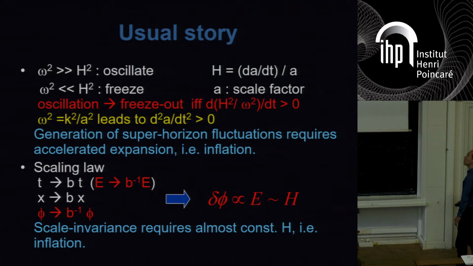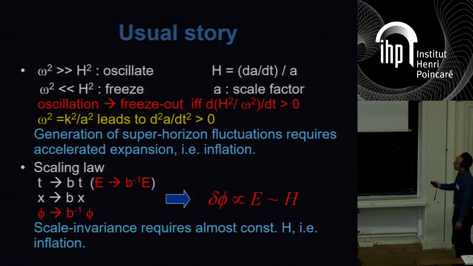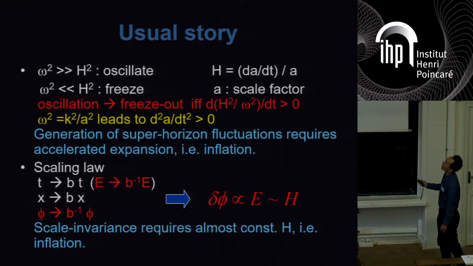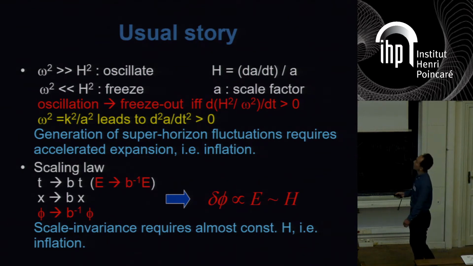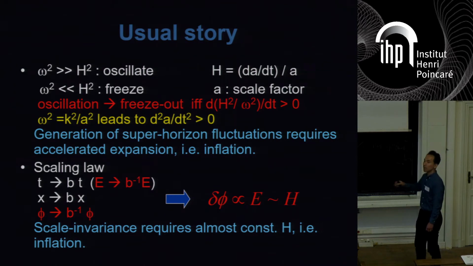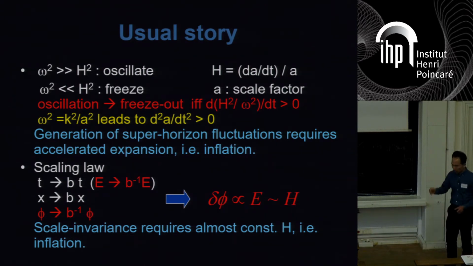Also, scale invariance requires inflation. We know that the scalar field scales like energy, to the power of 1 here. So the amplitude of the quantum fluctuation of the scalar field phi is expected to be the energy scale of the system, in this case the Hubble expansion rate. The scale invariance means that the amplitude of this is the same for different scales. And in cosmology, the fluctuations at different scales are created at different times.